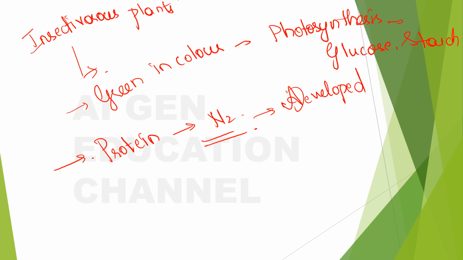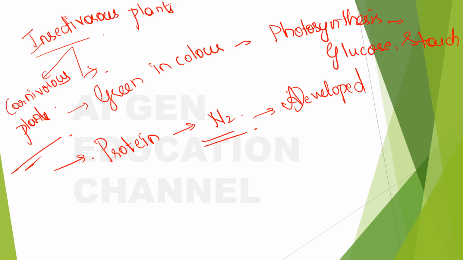So as these plants are eating insects, taking up insects and deriving some nutrition from them, you can call these carnivorous plants. Okay, what are these? Carnivorous plants.